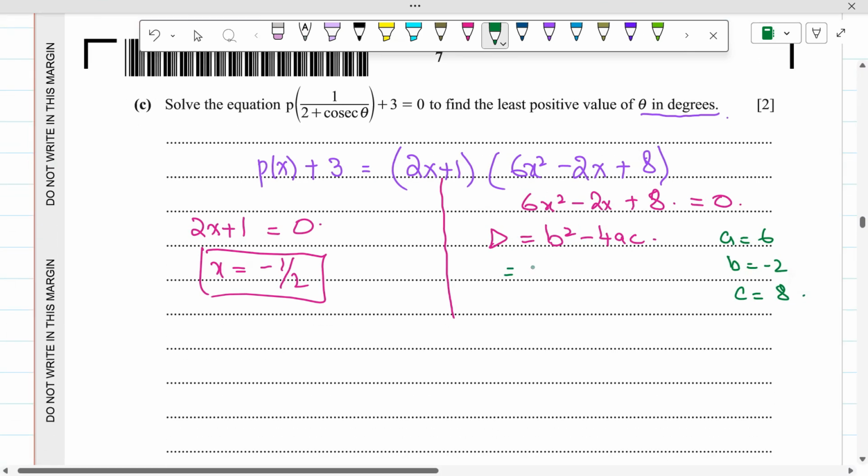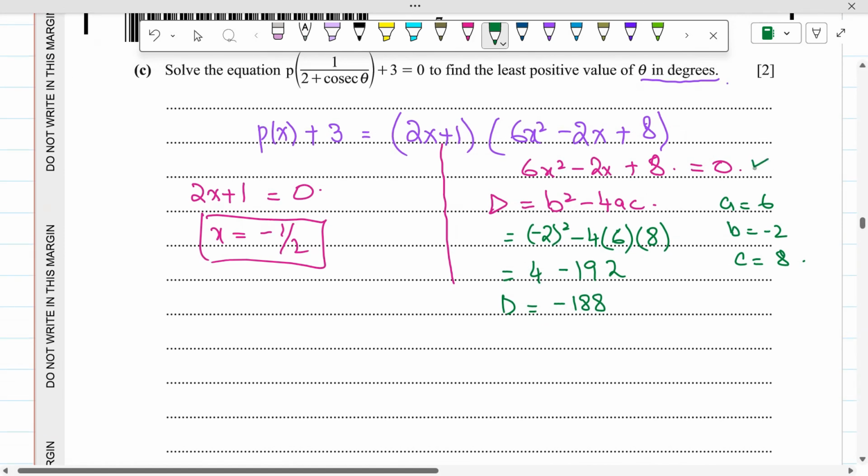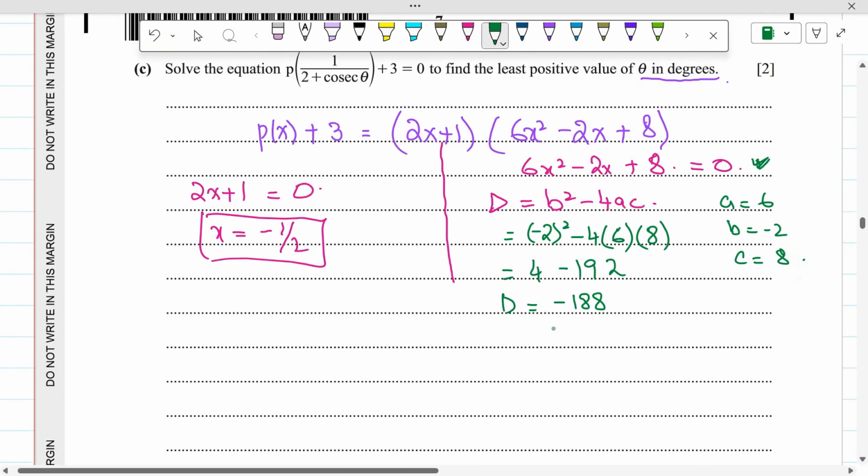So b² is (−2)² minus 4 times 6 times 8, which is 4 − 192, so the discriminant is −188. The discriminant is negative, so this quadratic equation has complex roots and there is no real root.